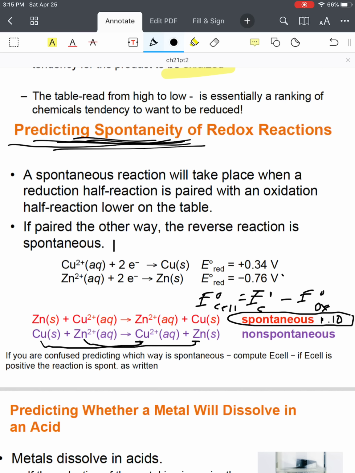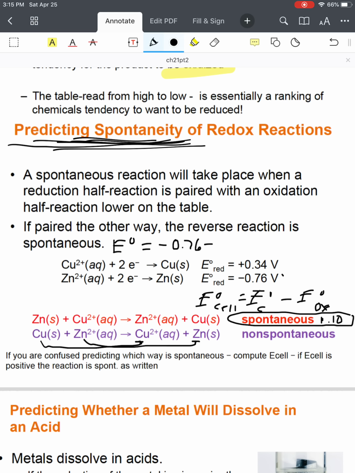So if I compute E0 cell for the purple reaction, what do I get? All right, well, I still do cathode minus anode, cathodic reaction minus the oxidation. Well, which one's my reduction here? It looks like it's the zinc, isn't it? At a negative 0.76 volts.